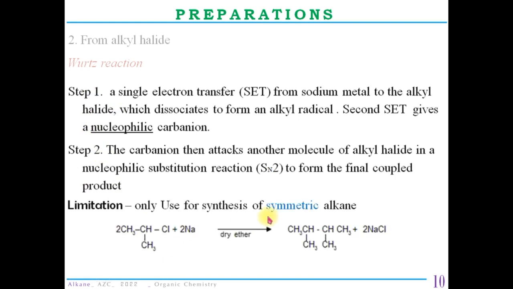Now the limitation of the Wurtz reaction is that we can use this reaction to synthesize only symmetric alkane, or symmetrical alkane. Now what do you mean by symmetrical alkane? It means the center of the molecule divides the whole molecule into two equal parts, or two symmetrical parts.